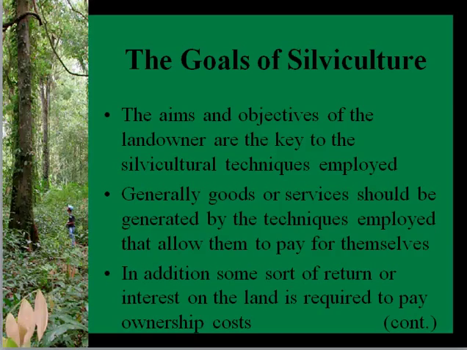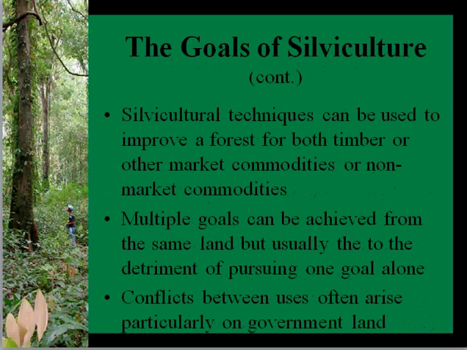In terms of government forests, on the other hand, economics is not the main point. Management of a government forest, usually by a government agency like a forestry division, is more concerned with using silvicultural techniques to make sure that the maximum number of stakeholders in society are satisfied.